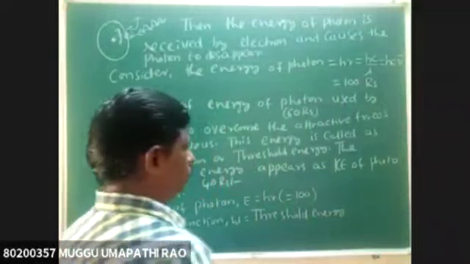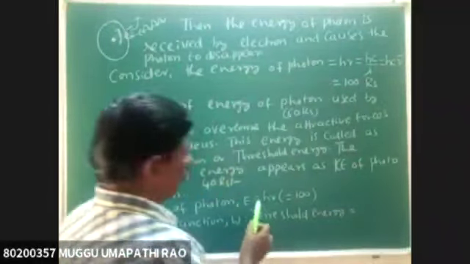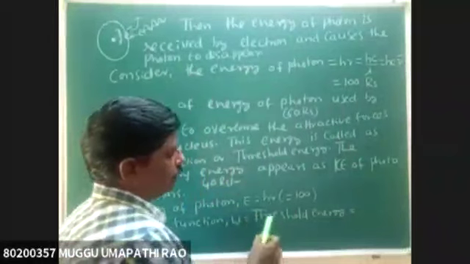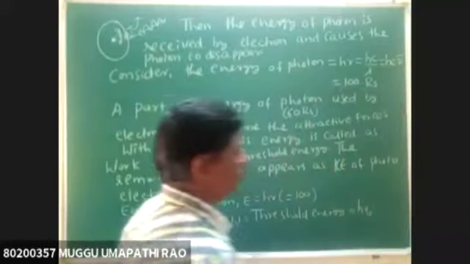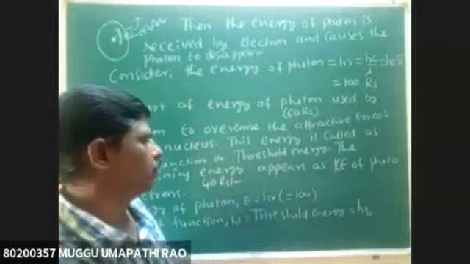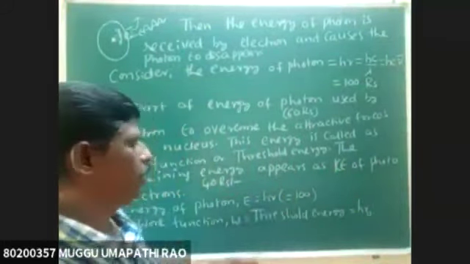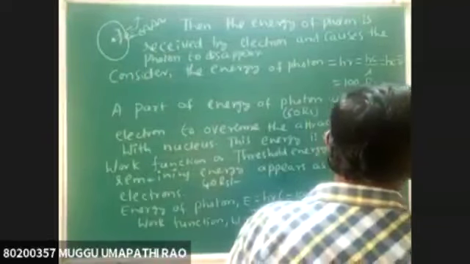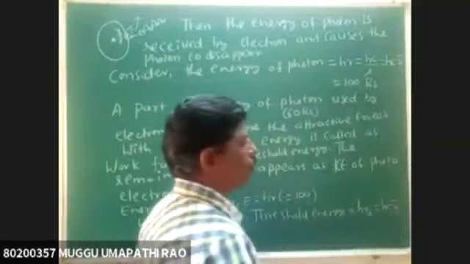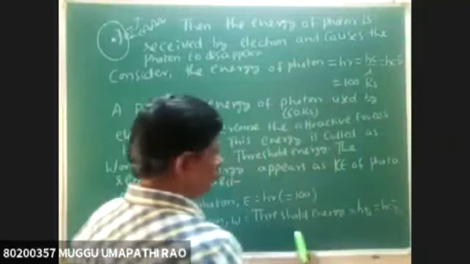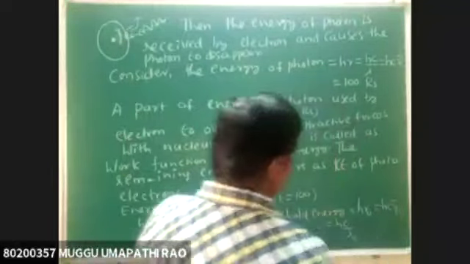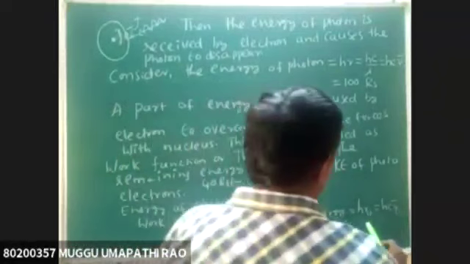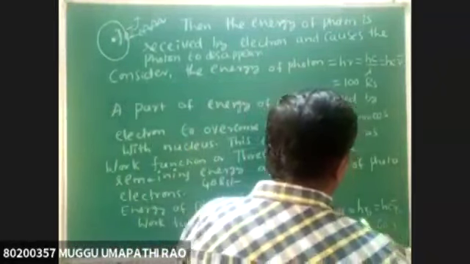We can take the energy as h nu naught, so we use the term h nu naught. h nu is the energy of the photon. h nu naught is the work function or threshold energy, equal to h c mu bar naught. Since mu is equal to c mu bar, we can write like this. It is equal to h c by lambda naught, since mu is equal to c by lambda. The value we said here is 60, and 100.